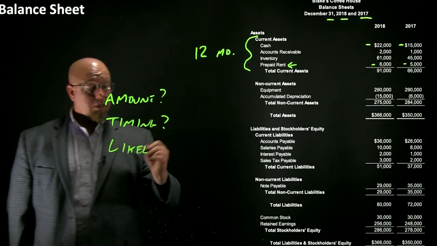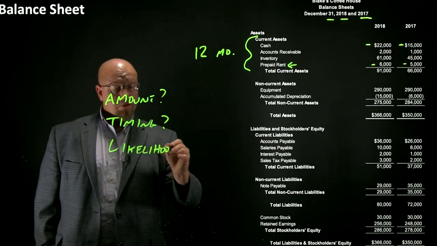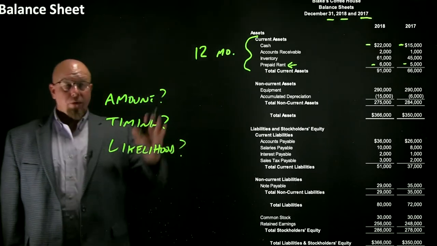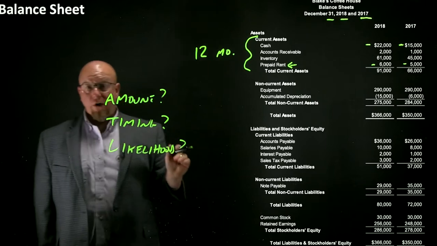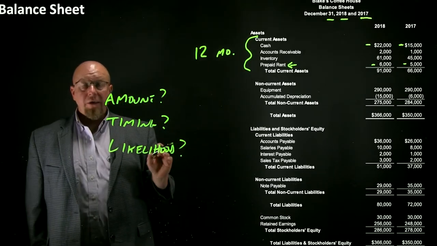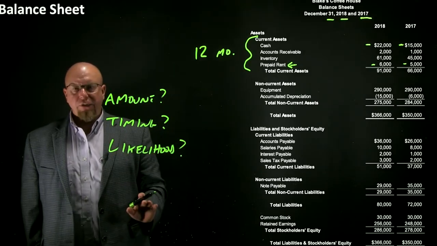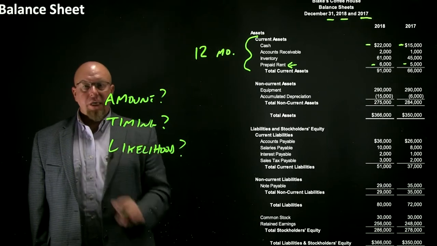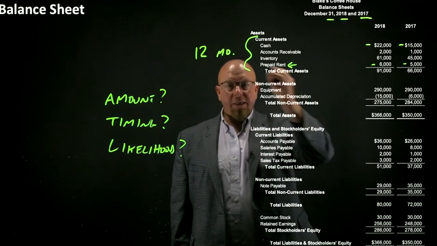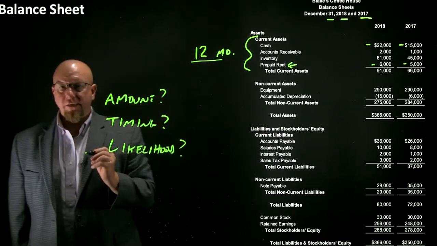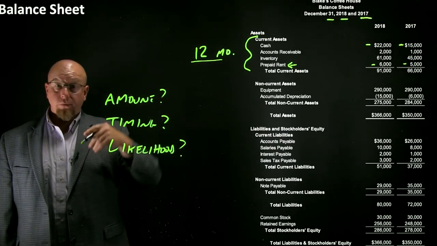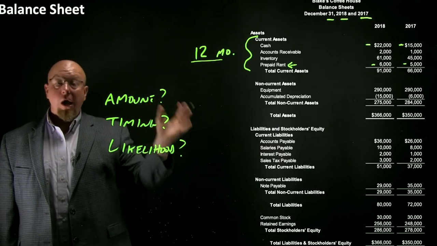If we think back to those fundamentals, well, we have the amounts here. As far as likelihood, we'll talk about that in a different lecture. But think about the timing here. What this is telling us is that within the next 12 months, we expect these assets to become cash or to be used up, to be gone.